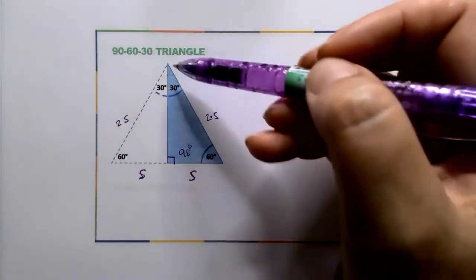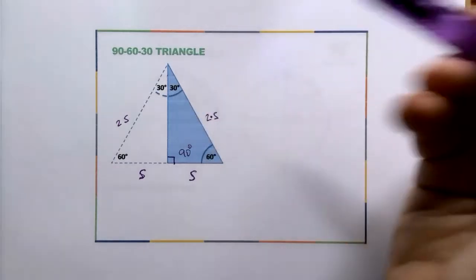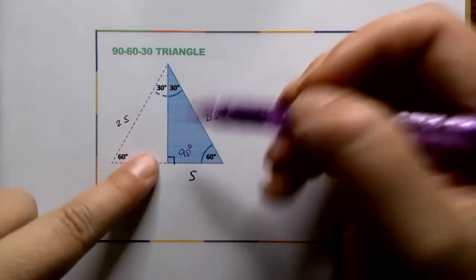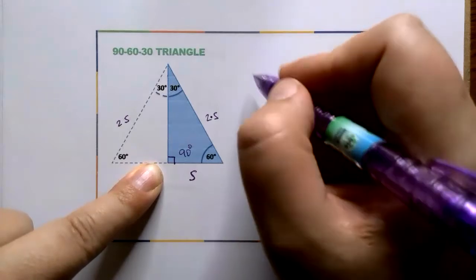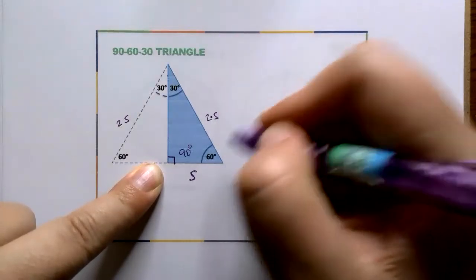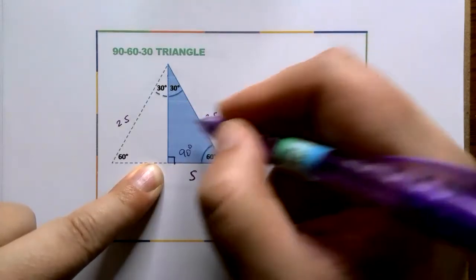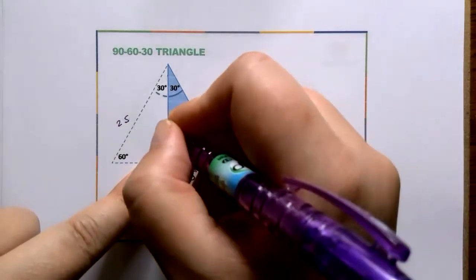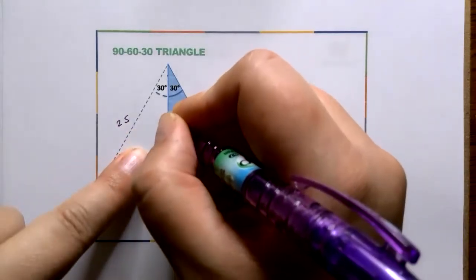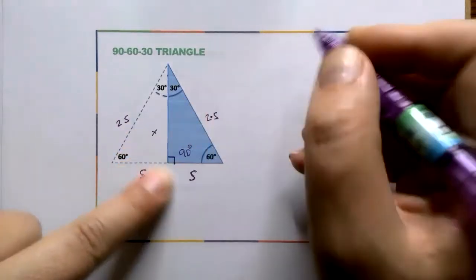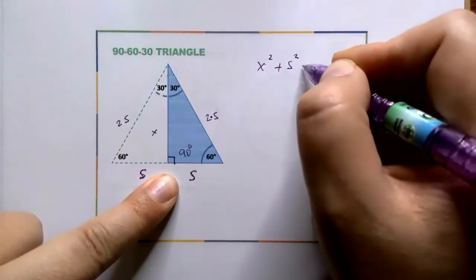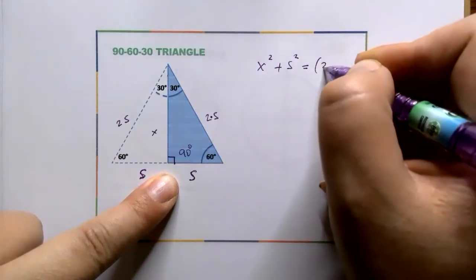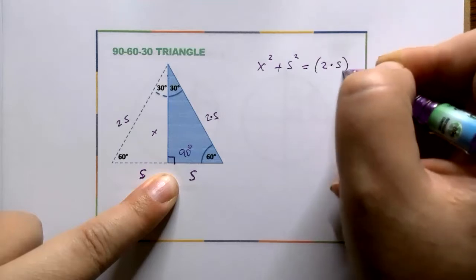Okay, so we can apply our Pythagorean theorem to figure out the length of this side. So Pythagorean theorem says a squared plus b squared equals c squared. So we don't know this side. We will call it x for now. So x squared plus s squared equals 2 times s, squared.